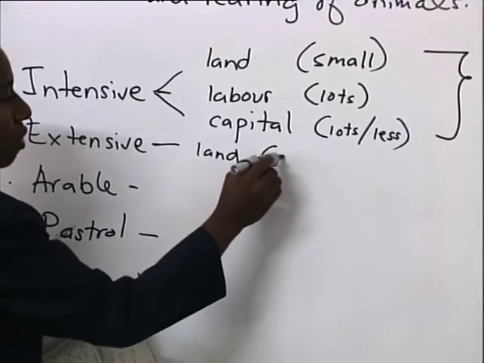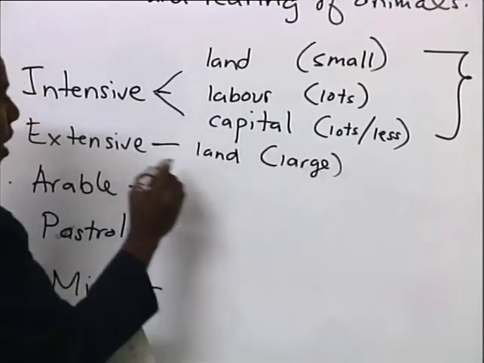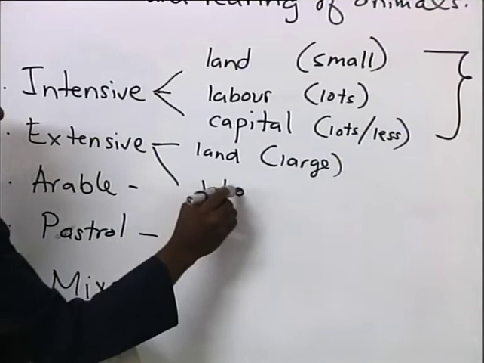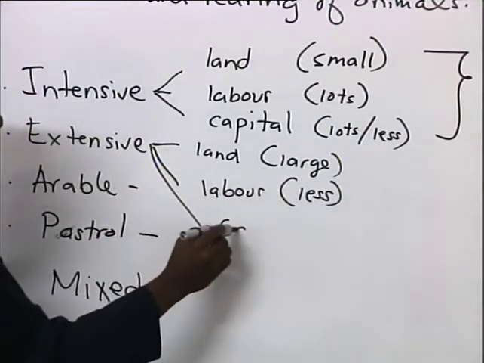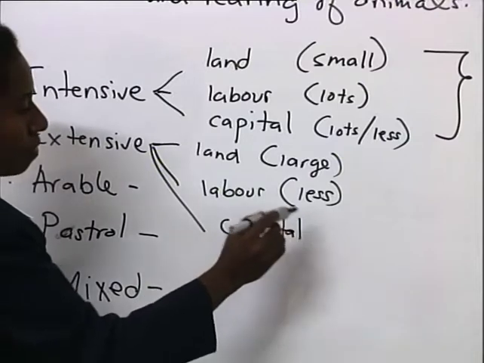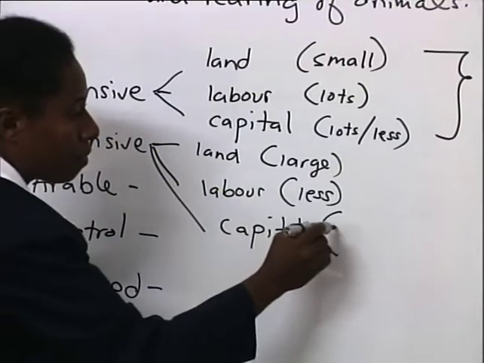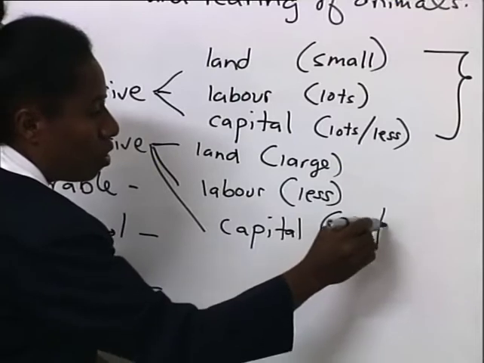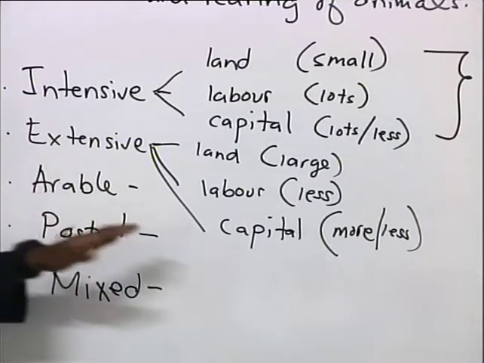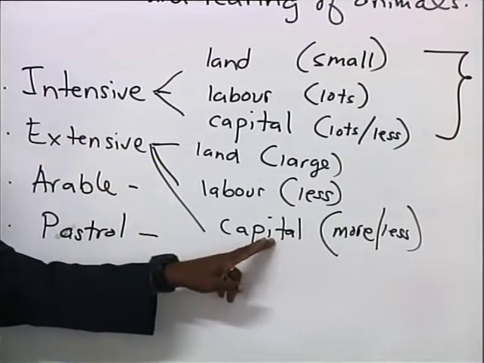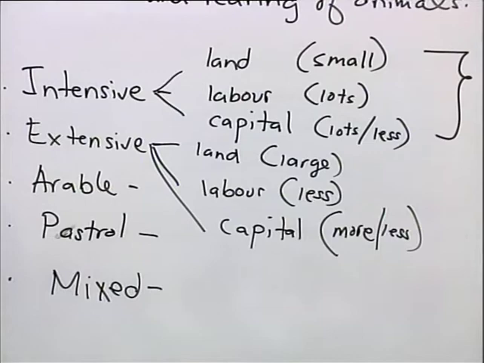Okay, large area, good. How about labor? It will be less. And how about capital? Capital will be, okay, maybe more or less depending. In most cases, for the extensive farming, it will be capital intensive. In other words, a lot of capital is required.